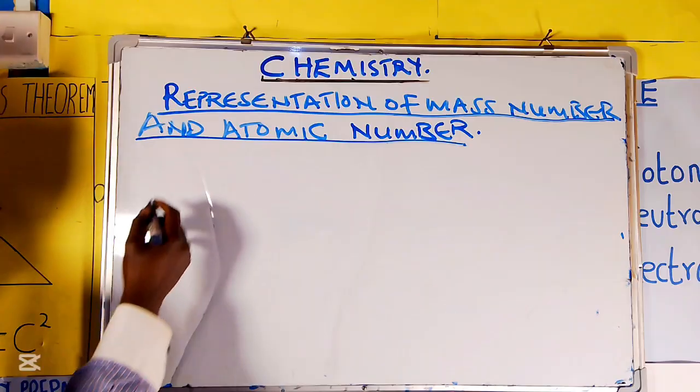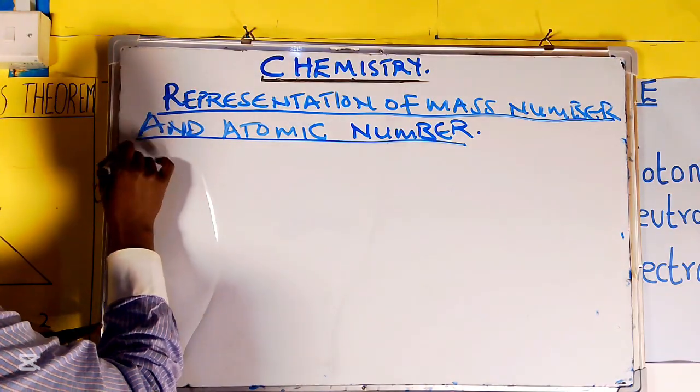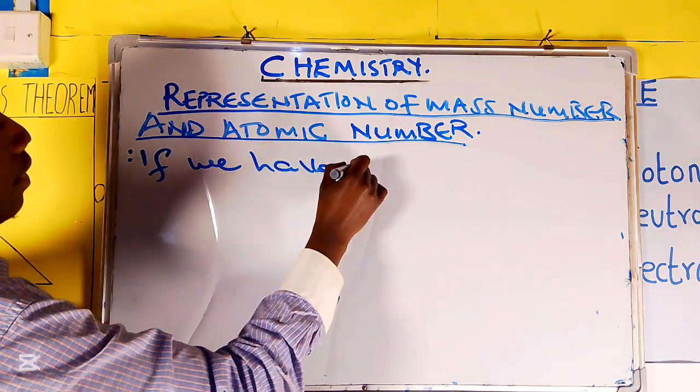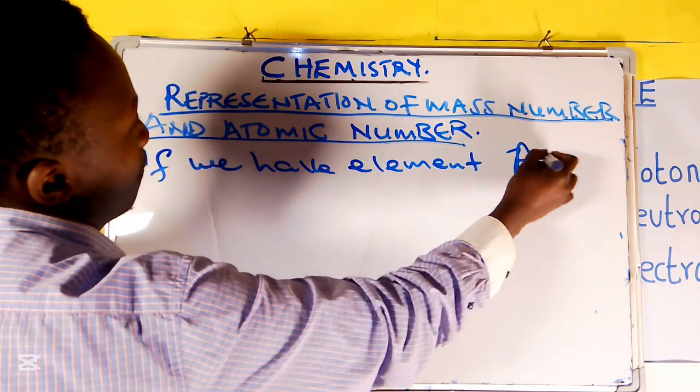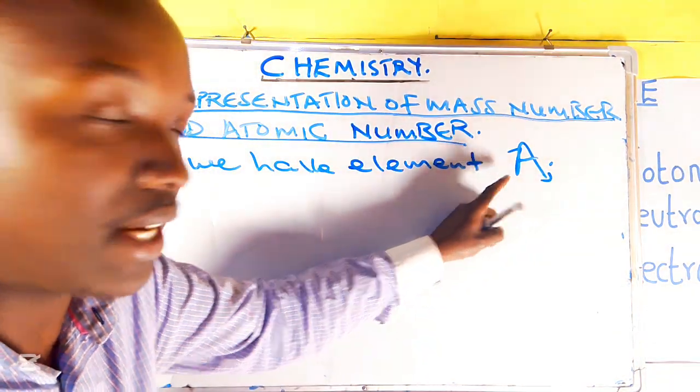For instance, if we have an element A, there is nothing like element A, we are just using it as a reference.